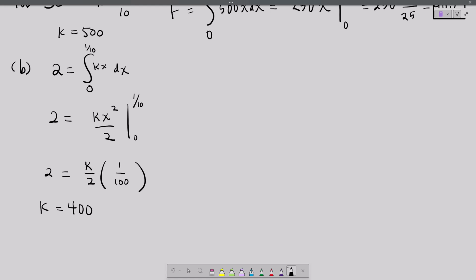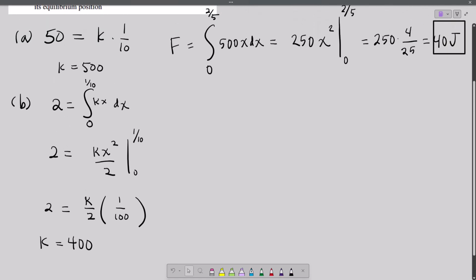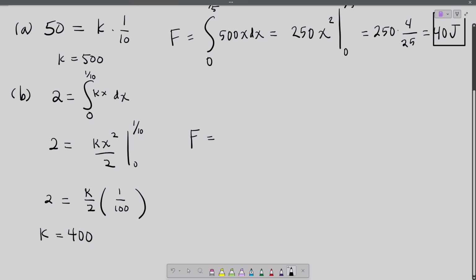So that's kind of an indirect way to get to k. The direct way is when they give you f and they give you x and you just plug and divide. But here they gave us an indirect way to get to k. And we still are trying to find the force to go from 0 to 2/5. It's just that we have a different spring now. This is going to be a 400x instead of a 500x.